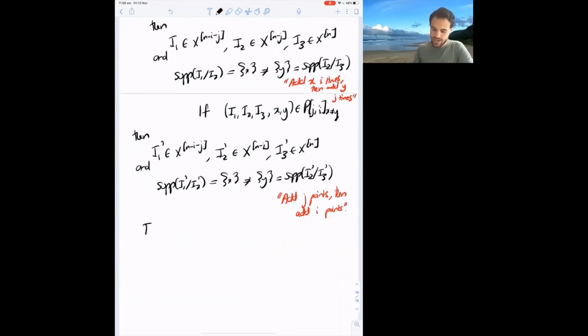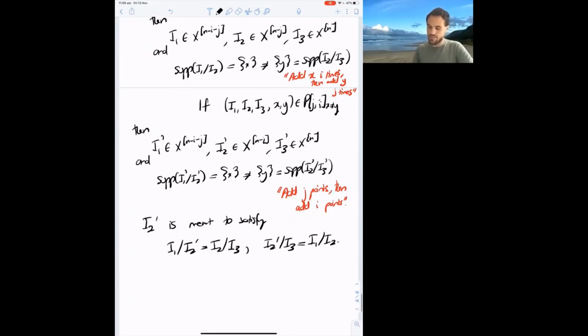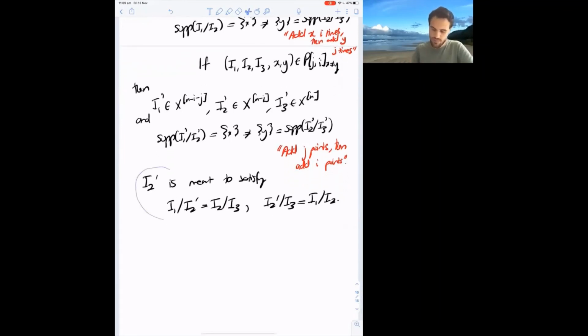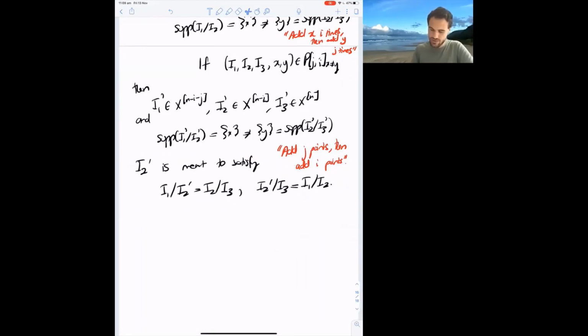Okay, so basically I2 is meant to satisfy the following two equations. I1 mod I2 prime is I2 mod I3, right? And I2 prime mod I3 is equal to I1 mod I2, right? So it's basically about the order in which you add the points. So these two equations will be transparent with this picture. This is our I1, which is common.